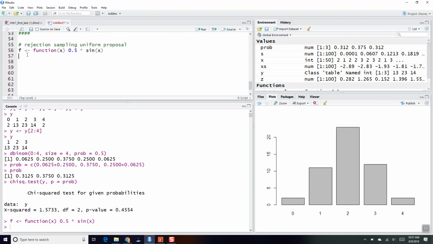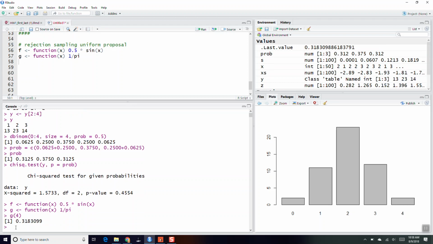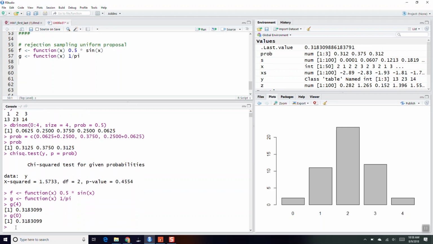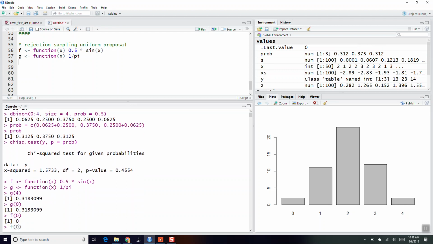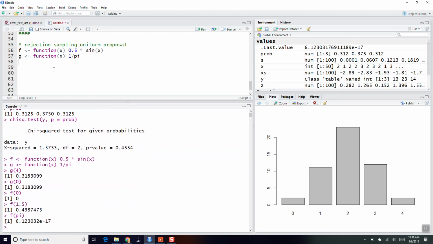And then g is a function that just does 1 over pi. So just g of x. Okay. So there we go.